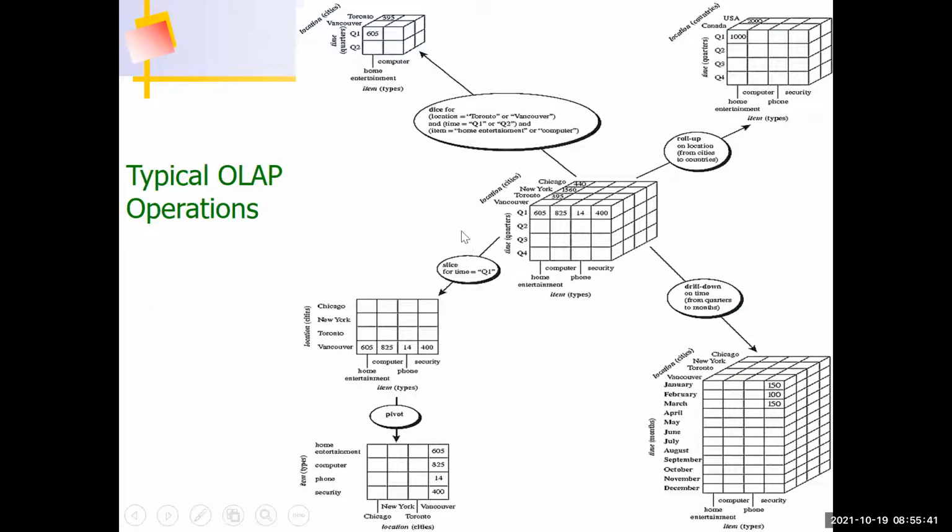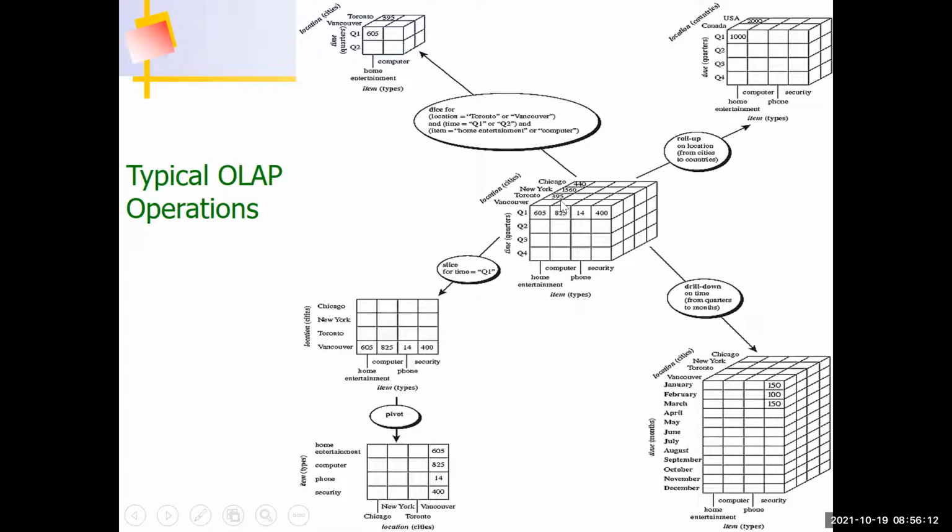Okay, this is an example here so that you can see. Look at the center here, this is all the data. You have the time dimension, which is quarterly, and then you have the product dimension, which is home, entertainment, computer, phone, security, and so on. And then you have location, the location of the shop, in different cities in North America.